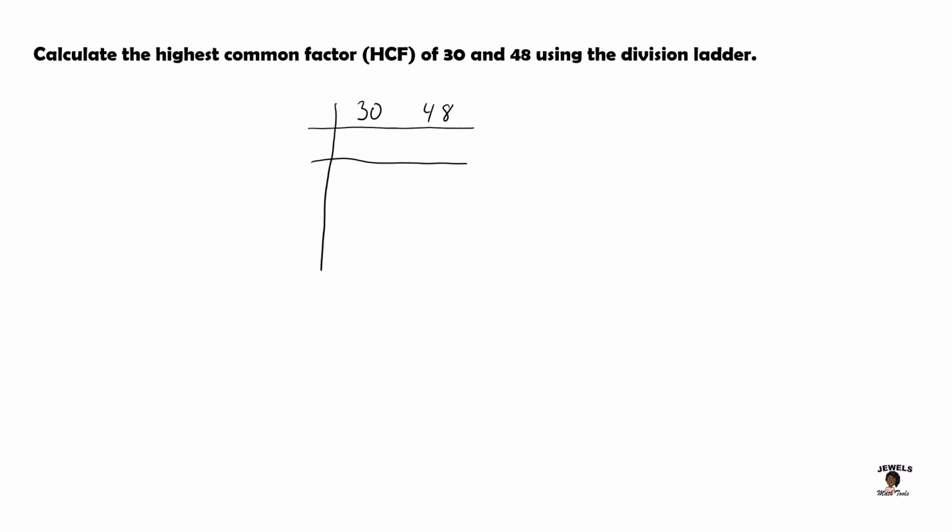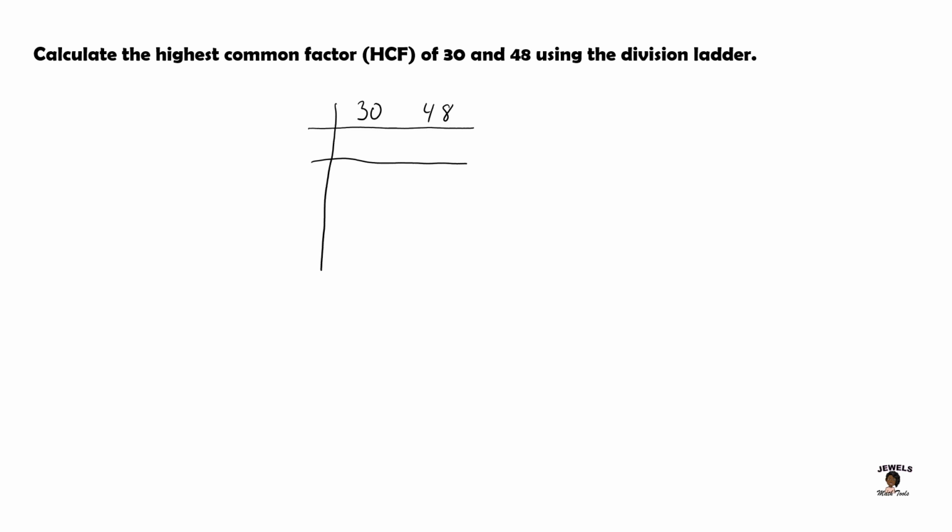So I'm going to begin by looking for a prime number that I can divide both 30 and 48 by. Now, you may decide to use a different number. With prime factorization, I guess I have to state this first. It's almost similar to working with the factor tree.